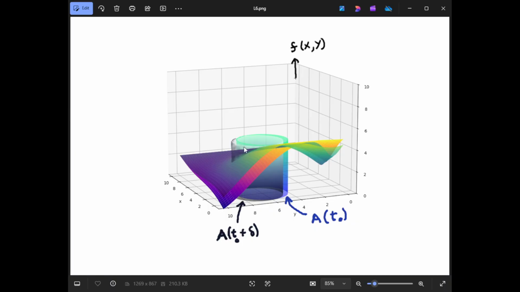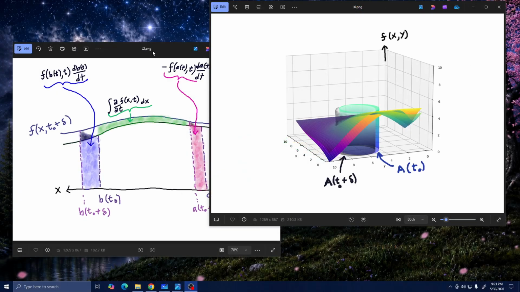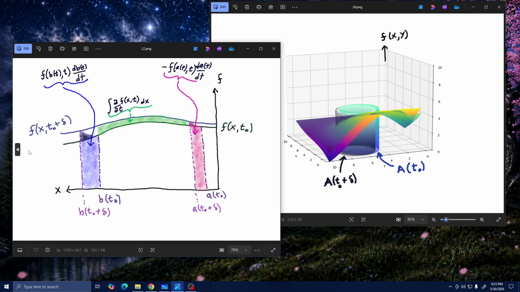However, there was also this part. So this part, let me go and zoom out. So in the 1D case, this part right here basically corresponds to the part in the center, but then there's also these two sides to it that drop all the way down.